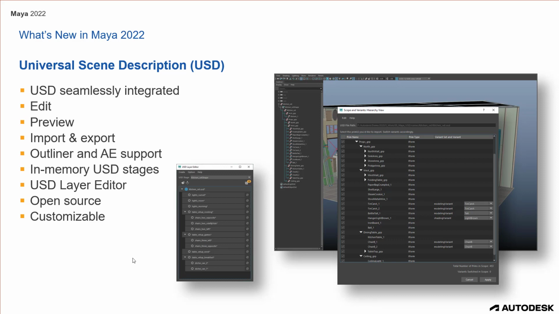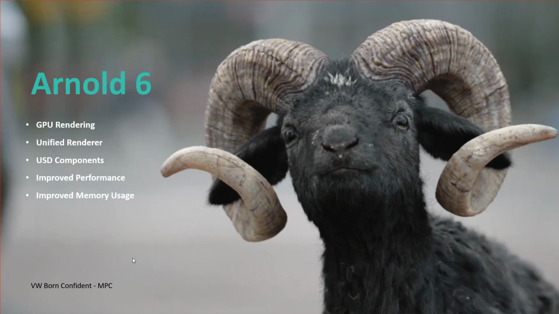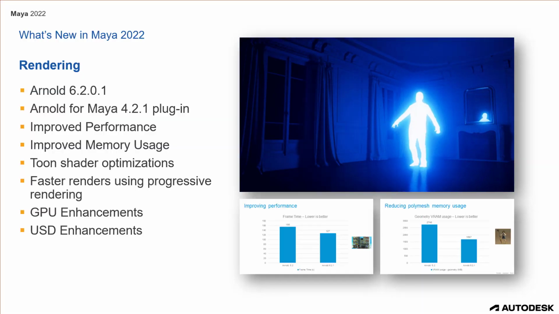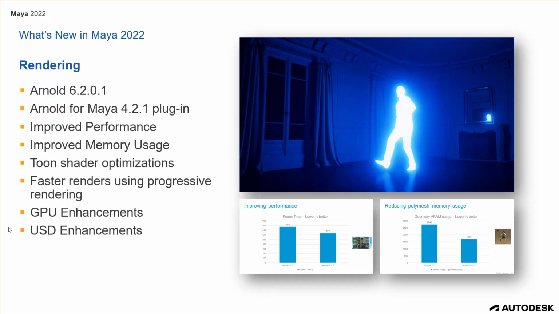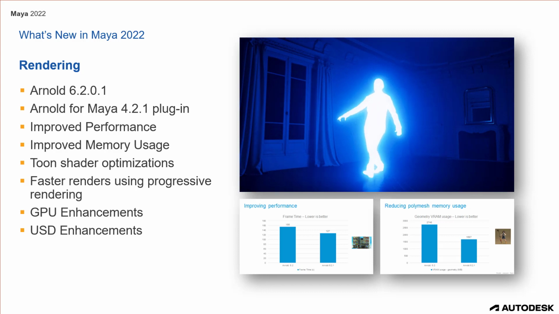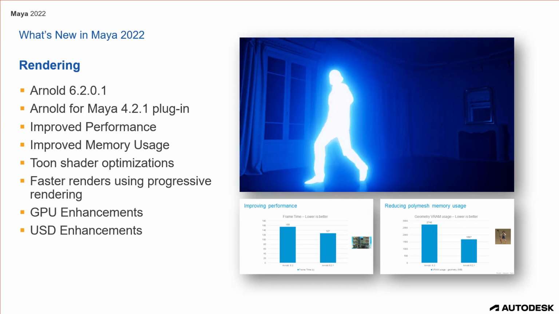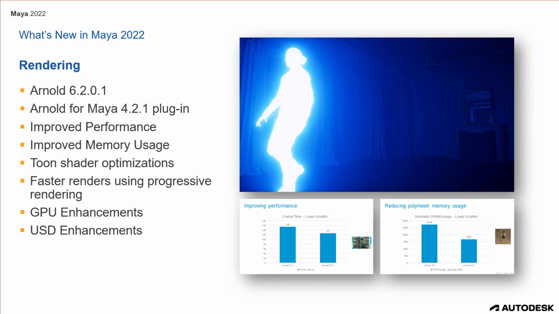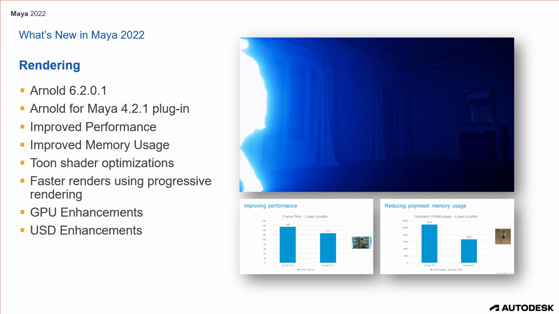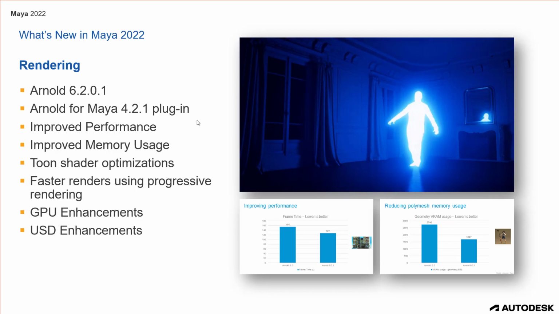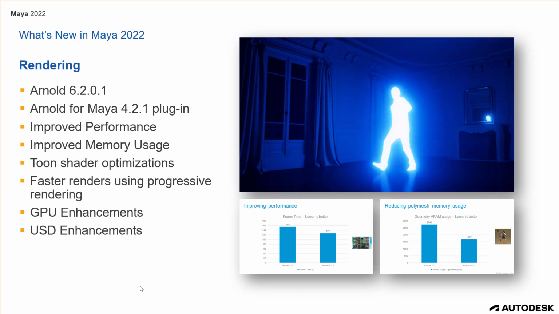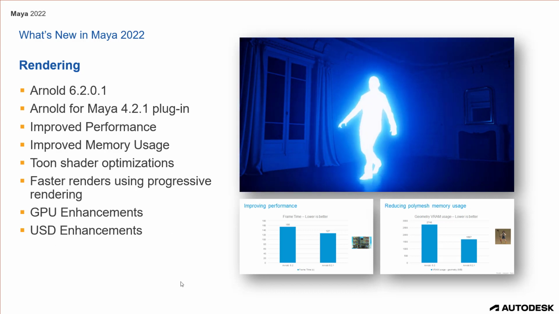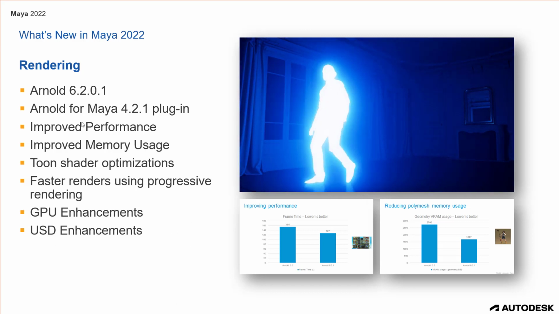When you are working on a complex production pipeline, USD is definitely the way to go, which we also see in the next slide when we go to Arnold, because Arnold already gets USD enhancements. Arnold was already ready to render USD scenes as stand-in objects, but will now render complete USD scenes from the text input.